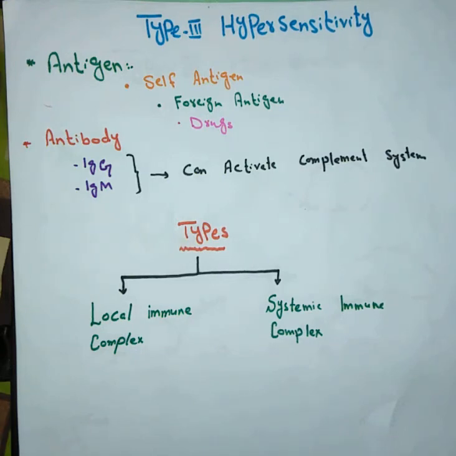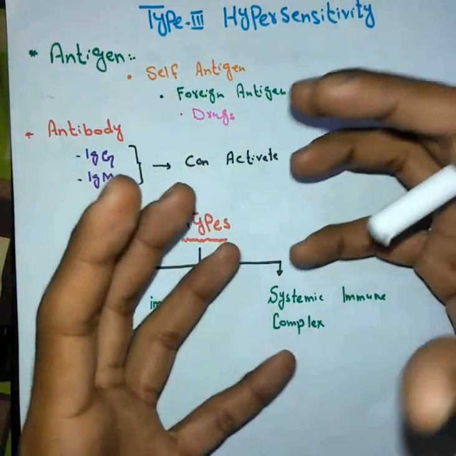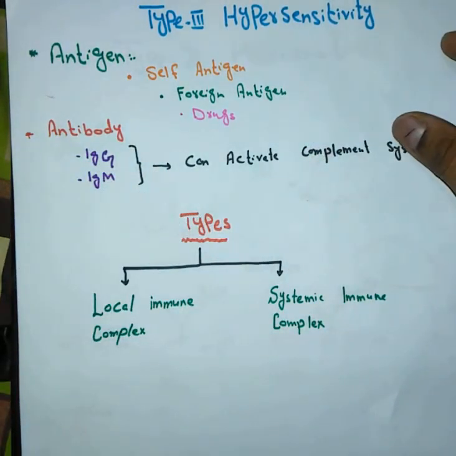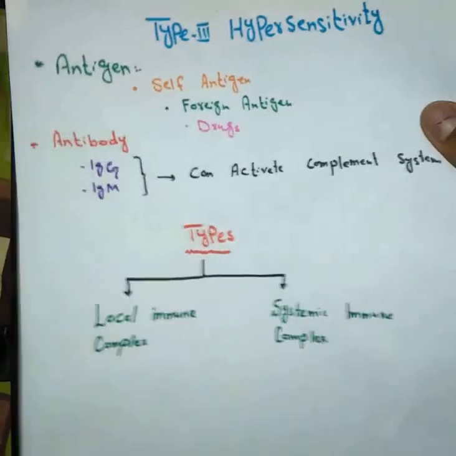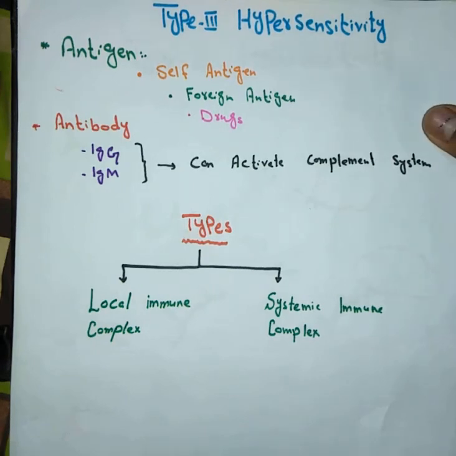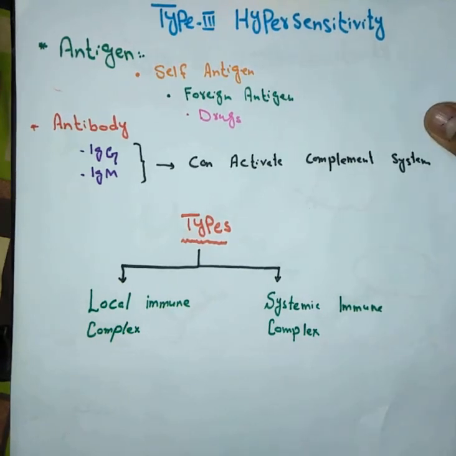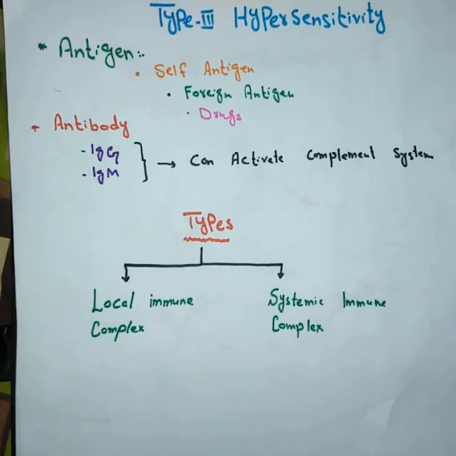Whenever these immune complexes deposit on the tissue or on the wall of blood vessels, they start an inflammatory immune reaction that causes cellular damage. This type of sensitivity is called type 3 hypersensitivity reaction.